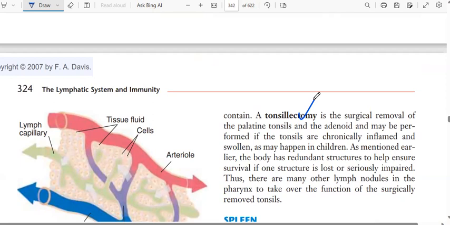But it will affect the throat. One case was severe chronic tonsillitis; I even sent the video of the boy.